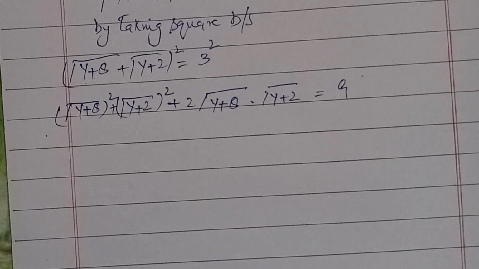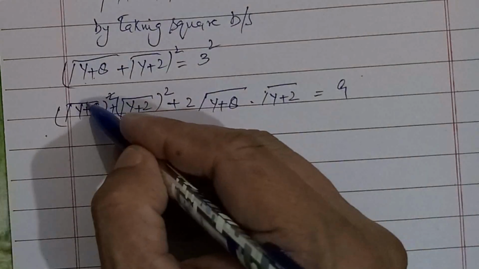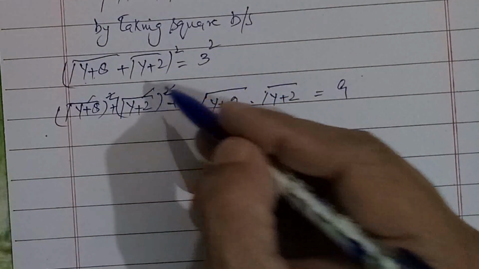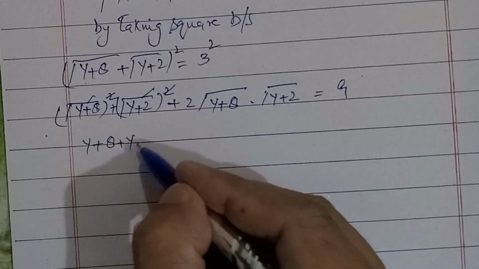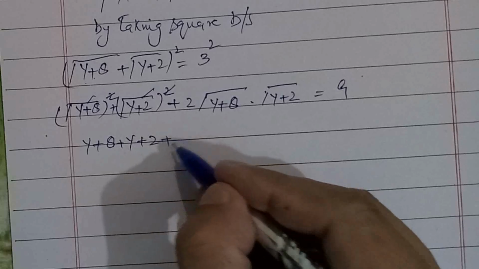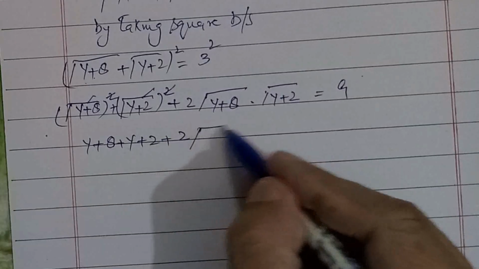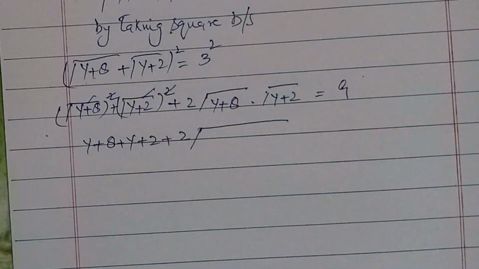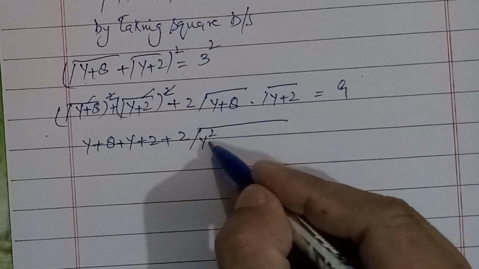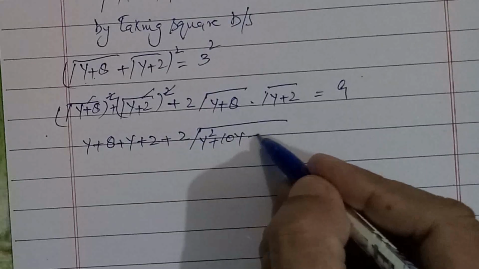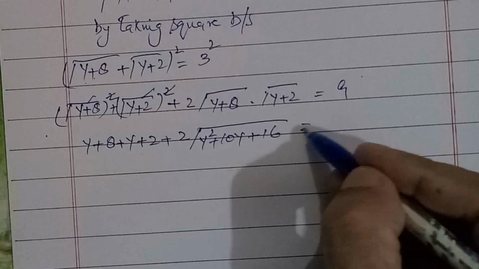Now we simplify these values. We get square and square root cancel here, and square root cancel. We get y plus 8 plus y plus 2 plus 2 times, multiplying these two values, square root of y square plus 10y plus 16 is equal to 9.